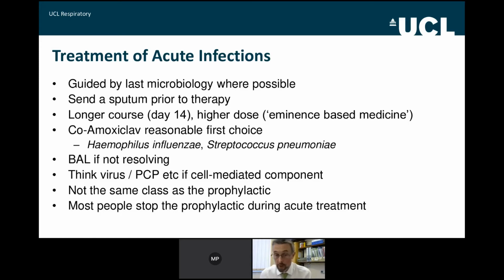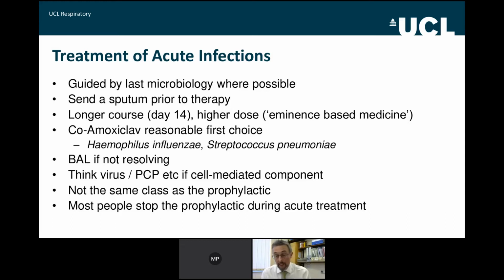And in terms of choice of antibiotic, then we need to think about what the common bacteria are, and they're going to be the same as in people without primary antibody deficiency, so Haemophilus influenzae, Streptococcus pneumoniae, and so for someone who's not penicillin allergic, at least a beta-lactam antibiotic like co-amoxiclav would be a very reasonable choice. Of course, primary immunodeficiency is diverse, and we also need to think about more unusual organisms, viral organisms, and perhaps pneumocystis if there's a cell-mediated component.